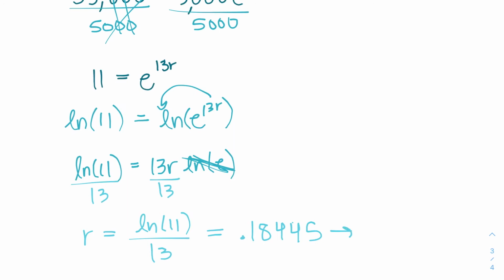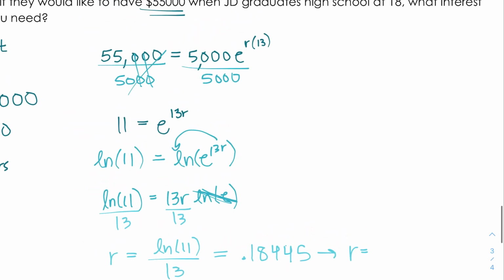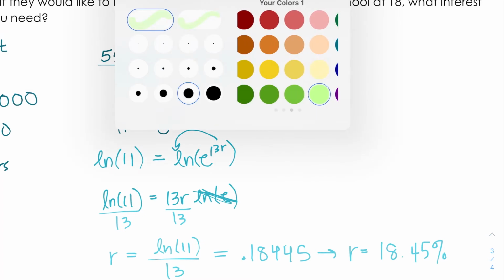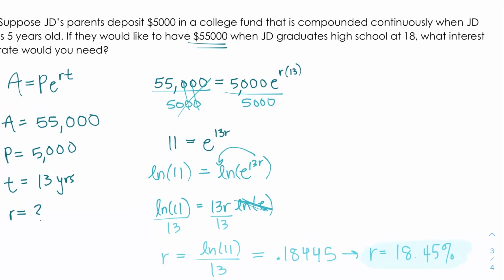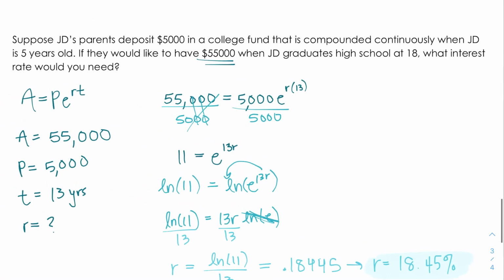Put it into a percentage by multiplying by 100 or moving the decimal place 2 places. We get that the rate needed is 18.45%. Okay, not likely that would happen. Not likely that you would find a bank willing to do that. So they're probably going to have to find another way to find JD some college money.